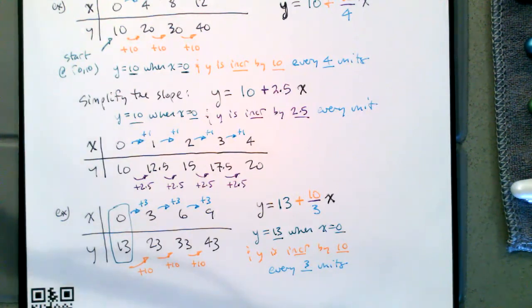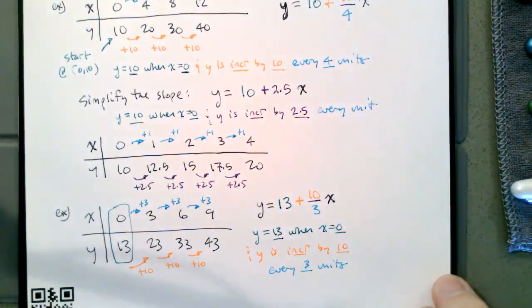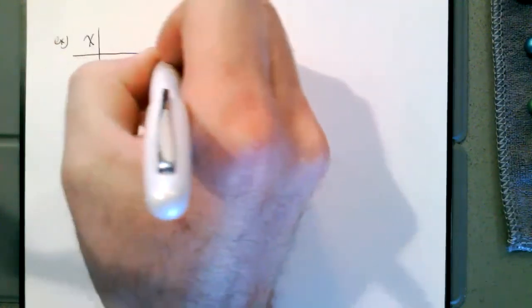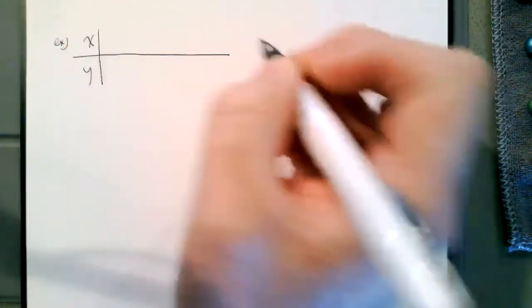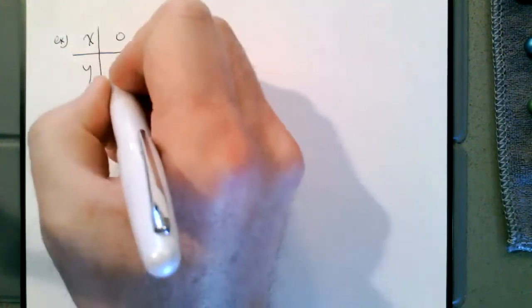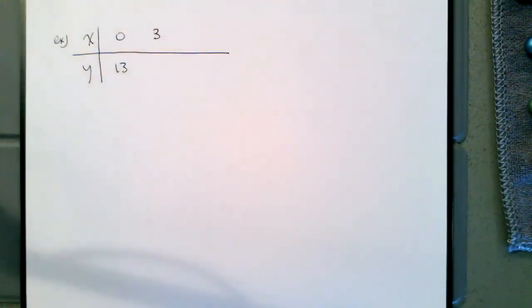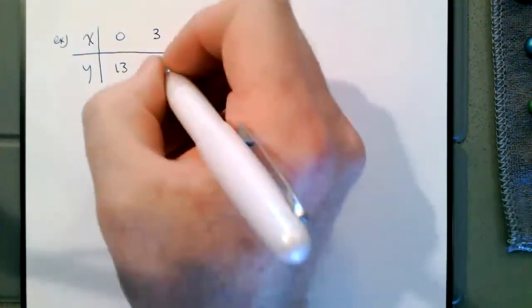Let's make another change to what's going on in our function. Let's suppose that we start 0, 13, but then at 3 units, instead of being at 23, it's up at 26.